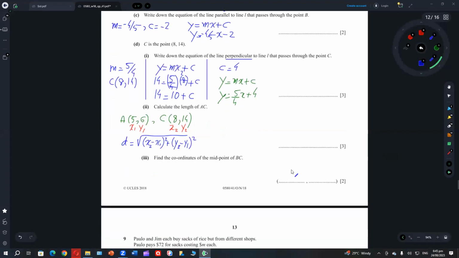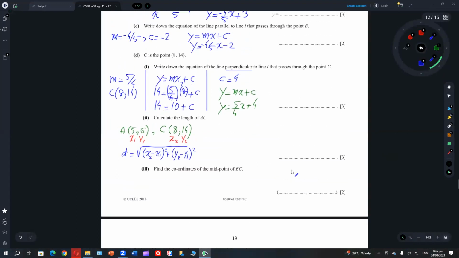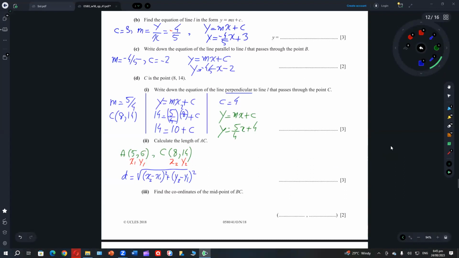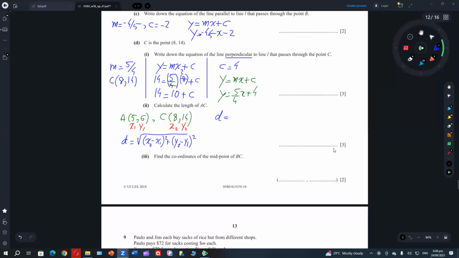So complete this working and do the next part also. I'm just coming. You said 8.544? Yes. Write down 8.544.